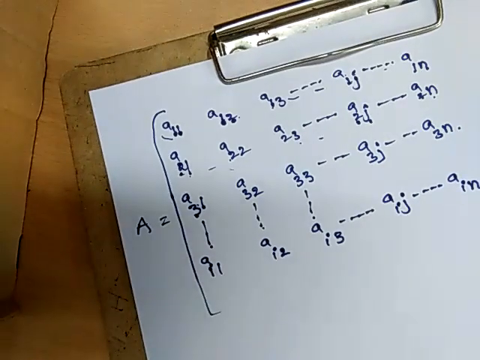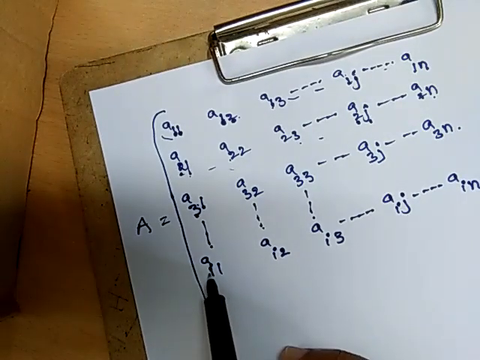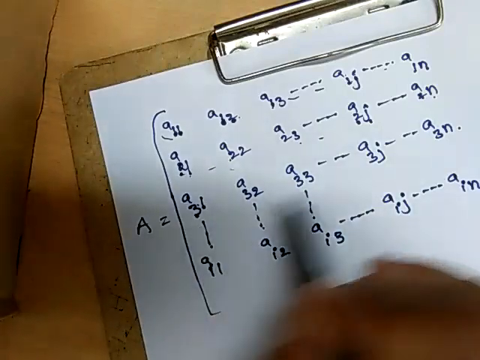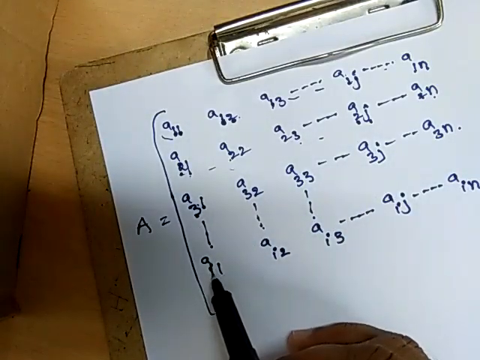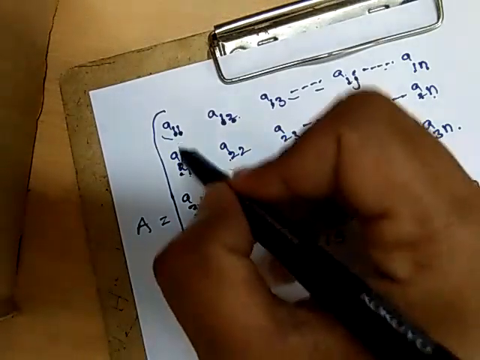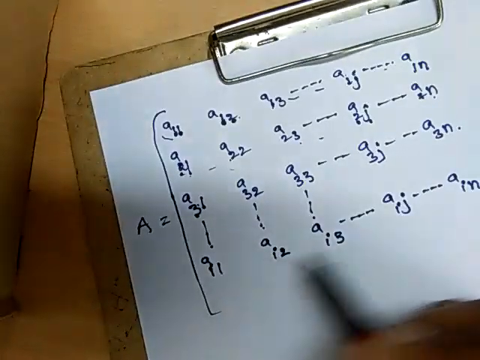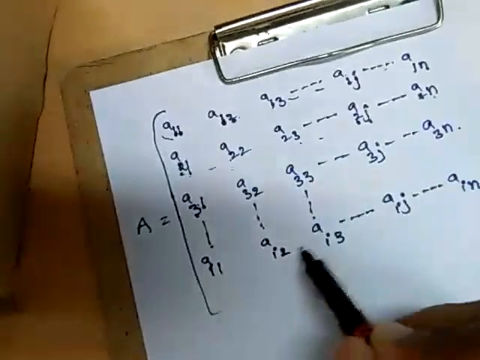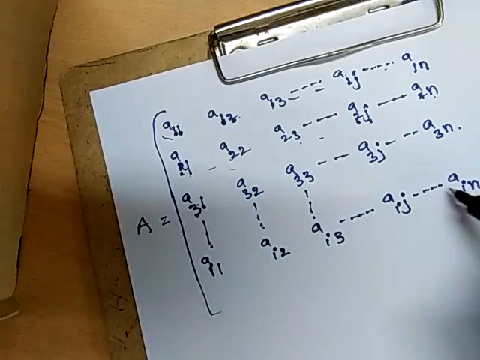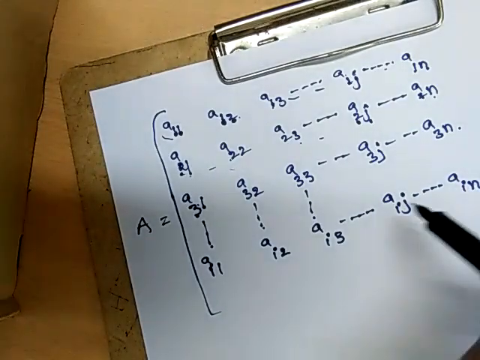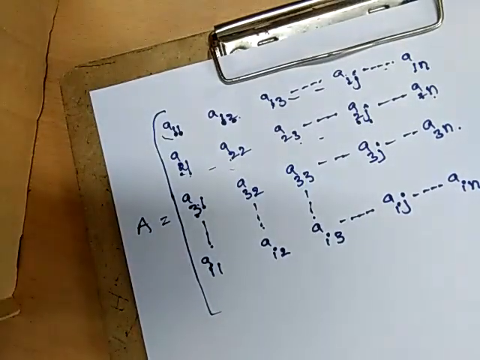That means ith row first column, ith row second column, ith row third column, ith row jth column, ith row nth column. That element is located there. Element location is important.